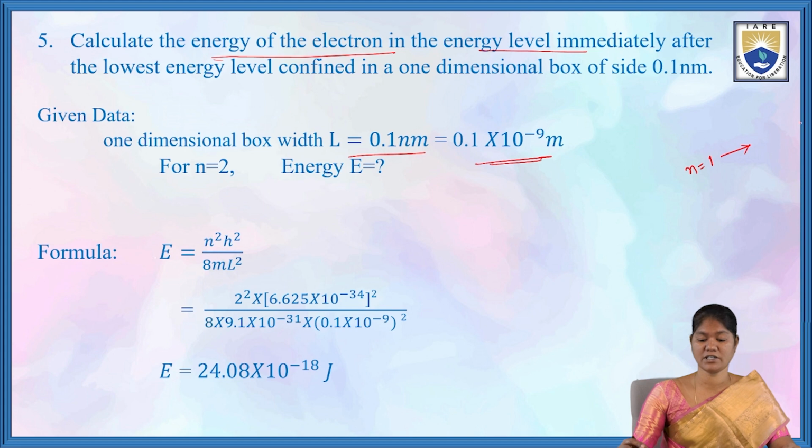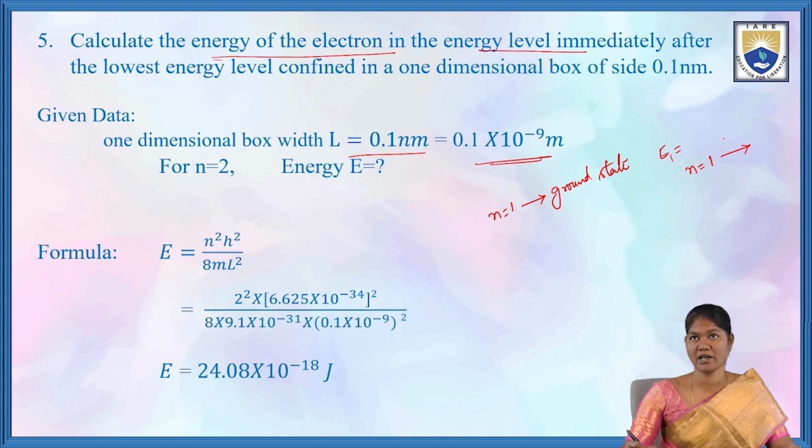Lowest energy level, that is n is equal to 1, means it is the ground state. If we put n is equal to 1, we'll get the energy of the particle at the ground state. This is the minimum energy, the lowest energy.